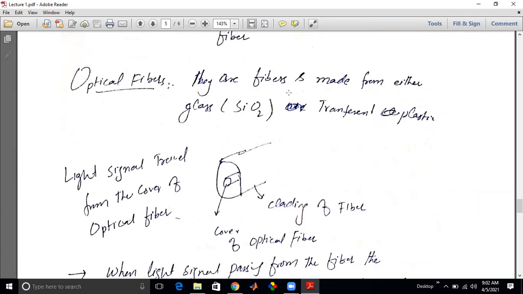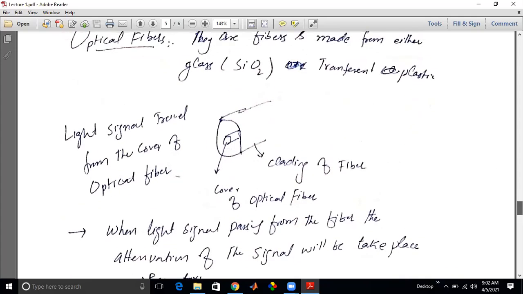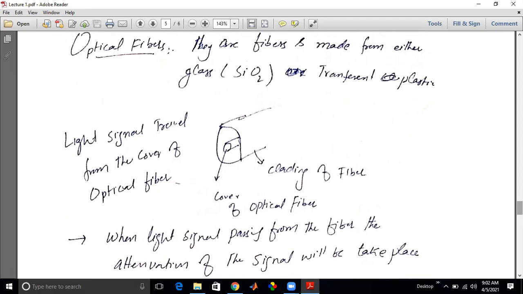There are fibers, and they are made from either glass, and which type of glass? Silicon dioxide glass, or transparent plastic, and its diameter will be 12.5 micrometer.